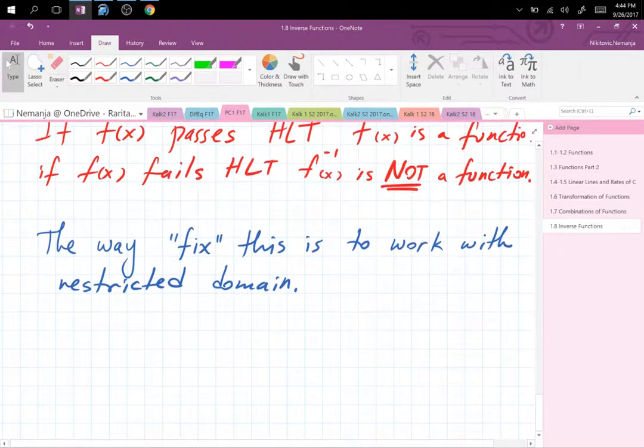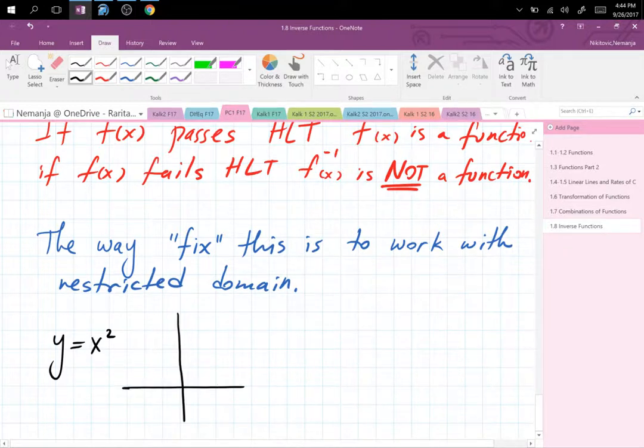What this means is that when I look at y equal x squared, I ask myself, well, what's duplicating here, right? So I'm not getting the horizontal line test to pass. Well, we have two branches here that are the same, right? They are reflected on y-axis.